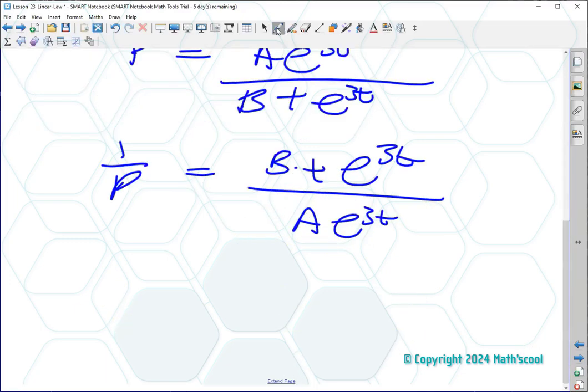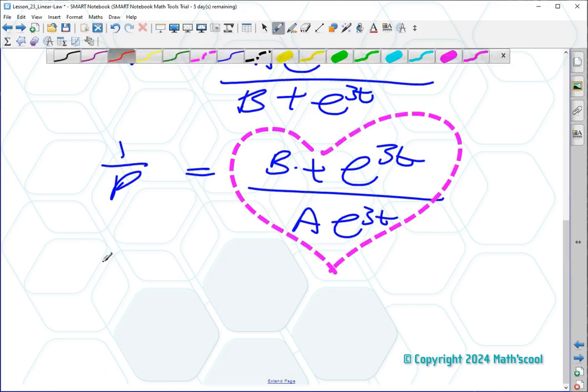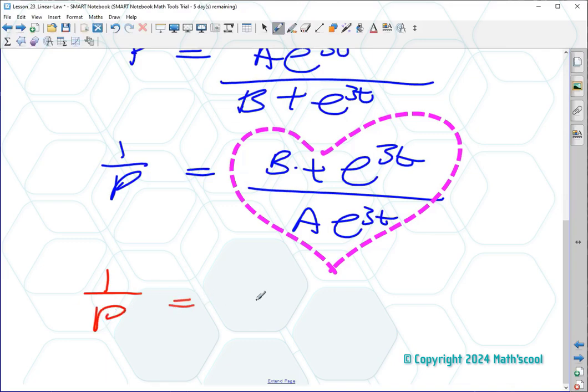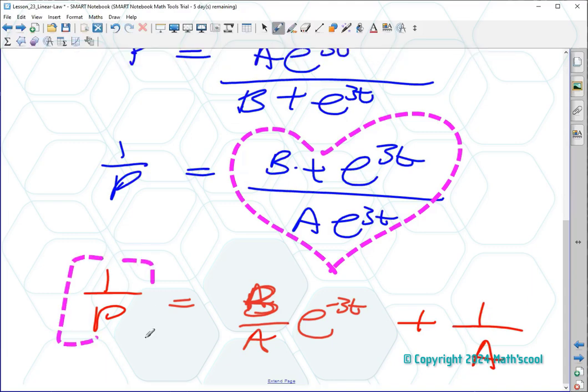And then I could split this fraction. 1 over P equals, so that's going to give me B over A e to the minus 3t plus 1 over A. Now it's already ready to be boxed.